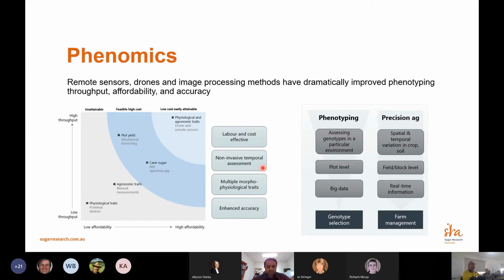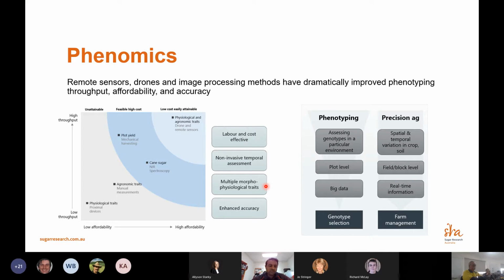abiotic stresses. And also with high throughput phenotyping, we can capture multiple traits at once. And we can also capture some of the traits that would really be unfeasible using traditional approaches. For example, simple things such as plant height. They would be really hard to measure in the breeding program, especially later in the crop stage.